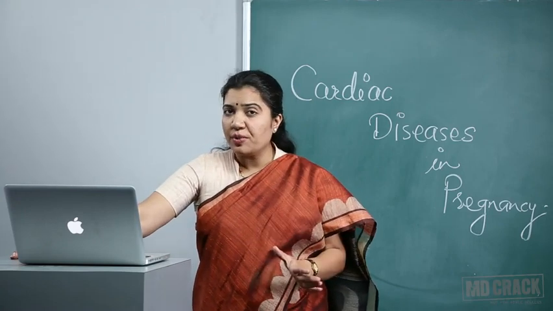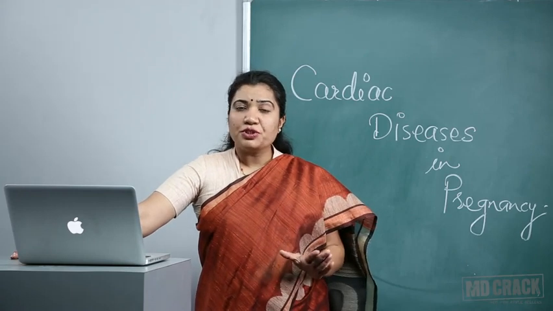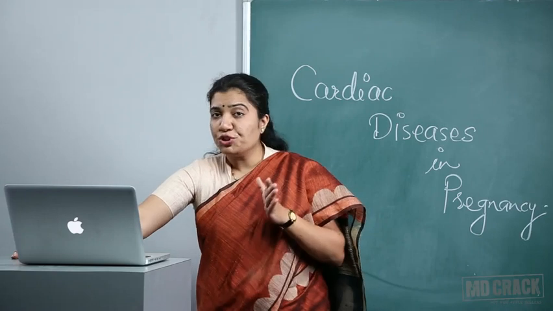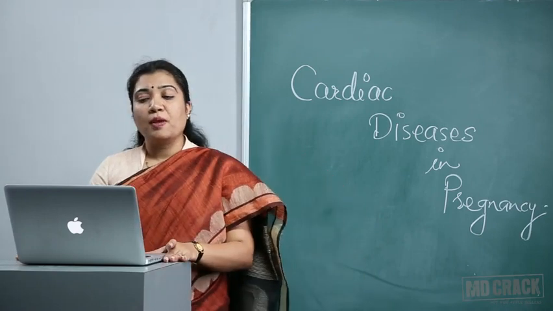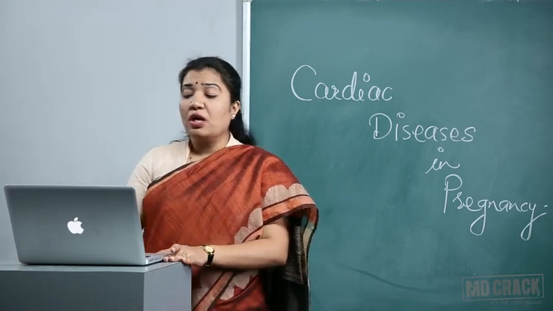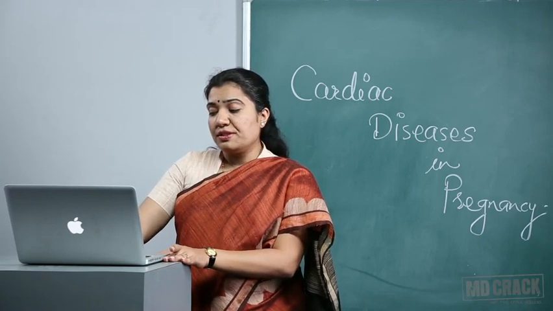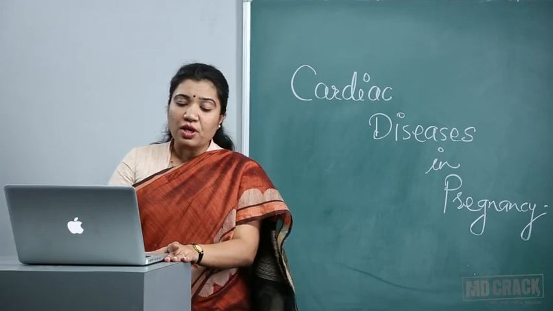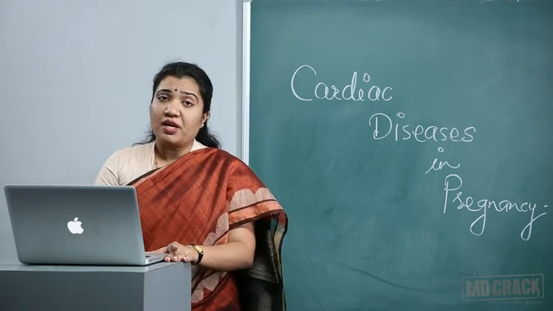Whenever there is pulmonary hypertension, we should counsel the patient and tell her everything, that what would be the effect, and then only she should go ahead with pregnancy, because there is a lot of danger of decompensation during pregnancy. Especially in cases of Eisenmenger syndrome, we should warn the patient in strict language that it may be life-threatening.